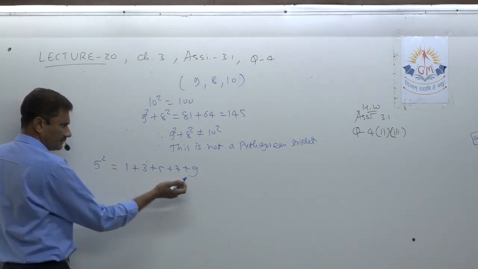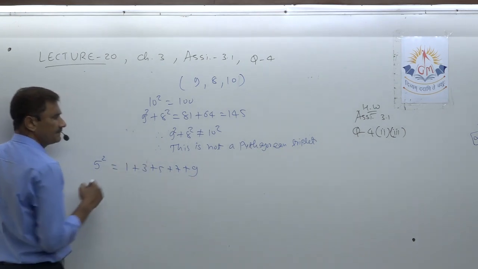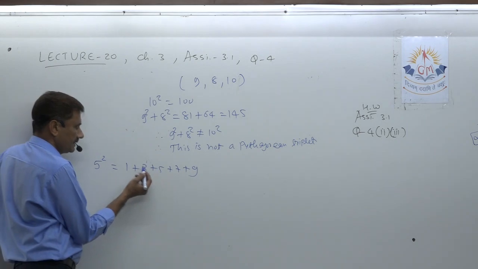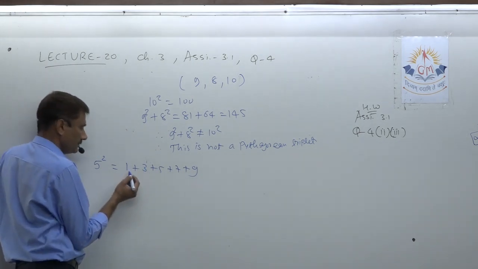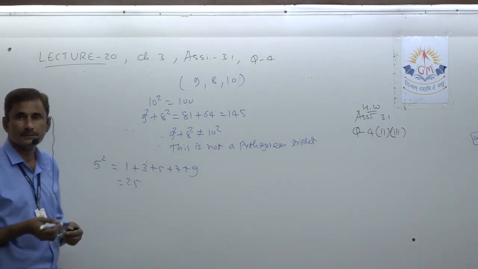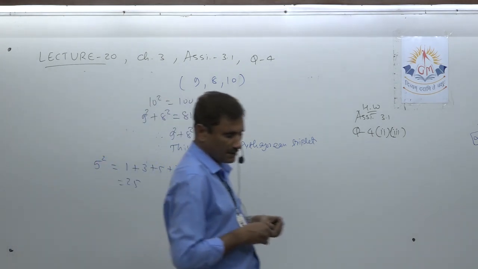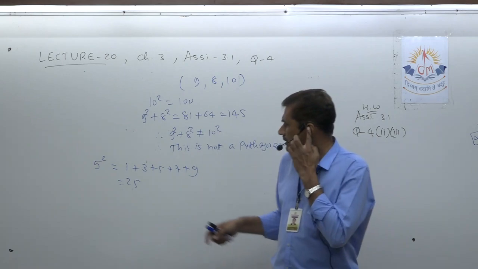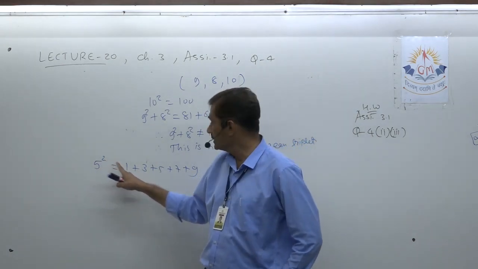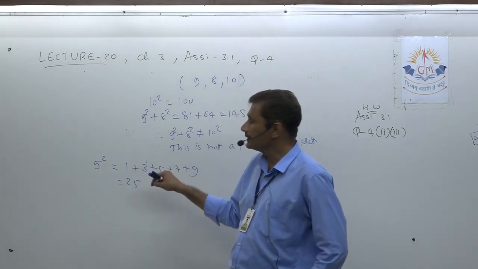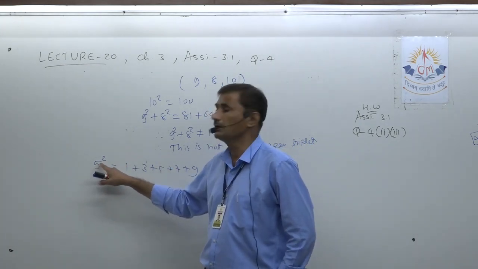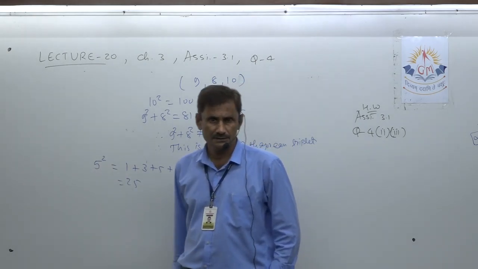Let us verify it. 9 plus 7, 16. 16 plus 5, 21. 21 plus 3, 24. Plus 1, 25. So obviously 5 square equals 25. Okay. So the square of any number is the sum of that many first odd numbers.